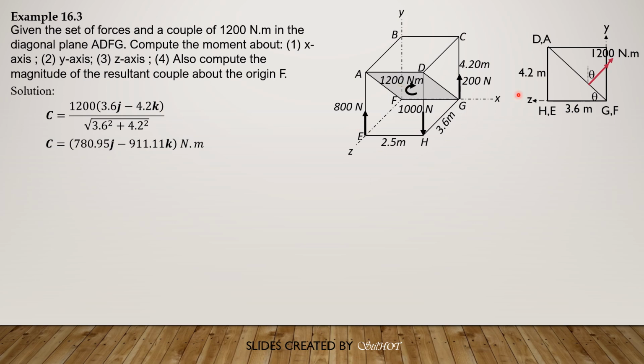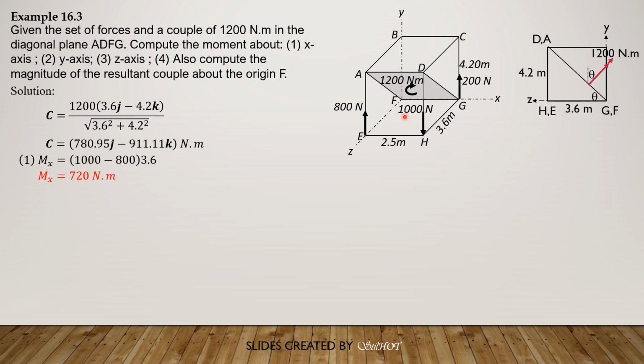For moment about X, this couple here has no x component, so by right thumb rule, 1000 is positive, 800 is negative. They have the same moment arm 3.6. So it is quantity 1000 minus 800 times 3.6. This is the right thumb rule, that's the sense of positive moment about the x-axis. So it is 720 Newton meter.